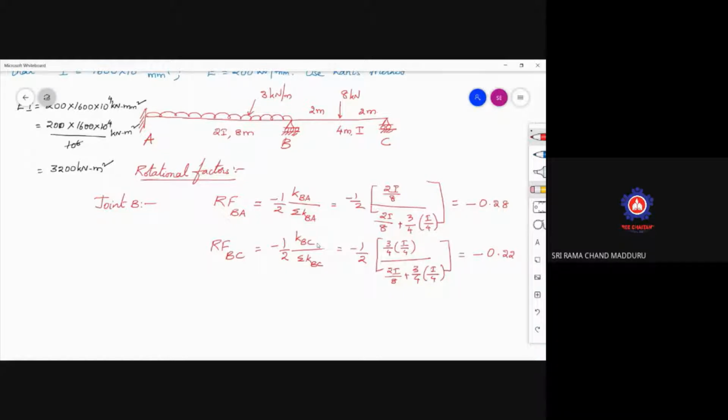Now calculating fixed end moments. So we need to calculate the fixed end moments. The fixed end moments are: MFAB is equal to minus WL square by 12, minus 3 into 8 square by 12, which is minus 16 kilonewton meter.